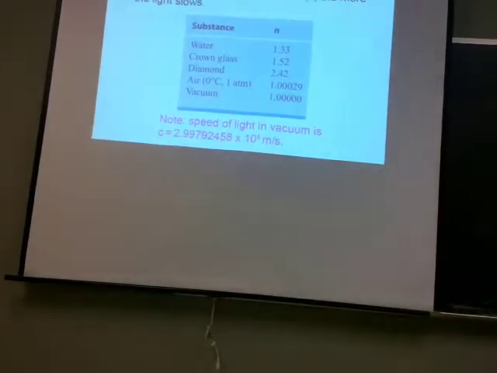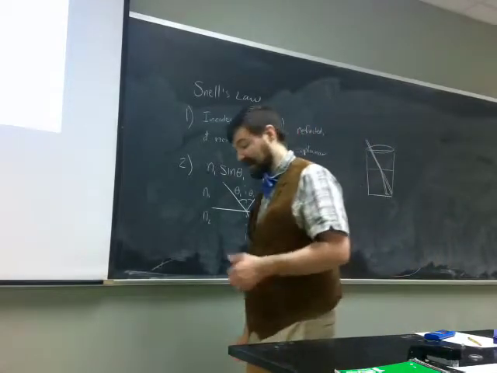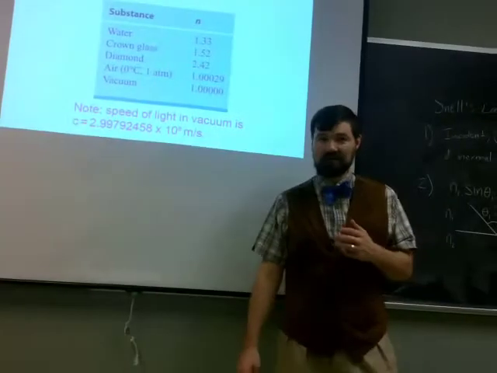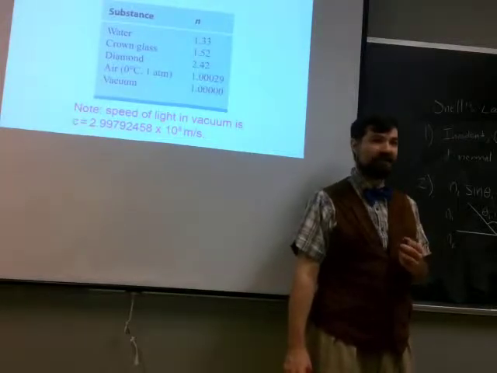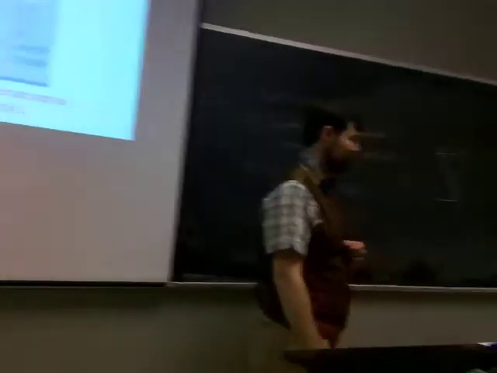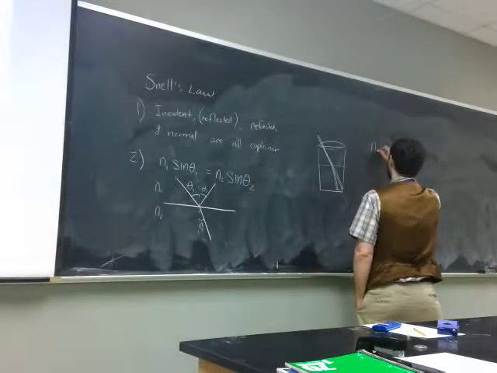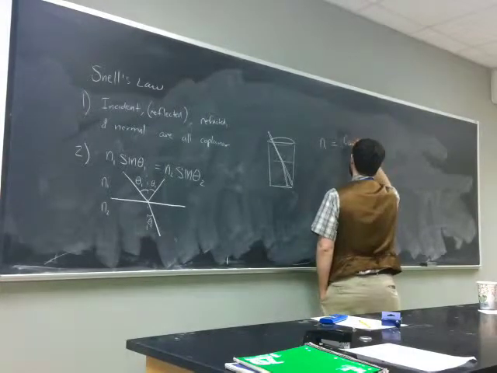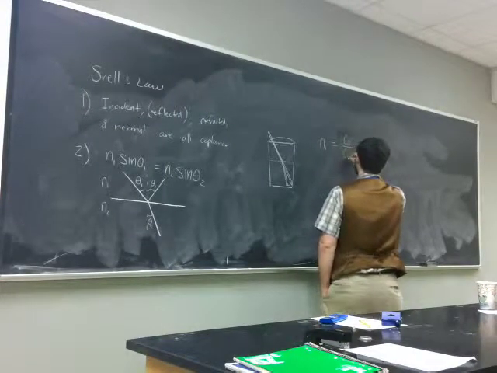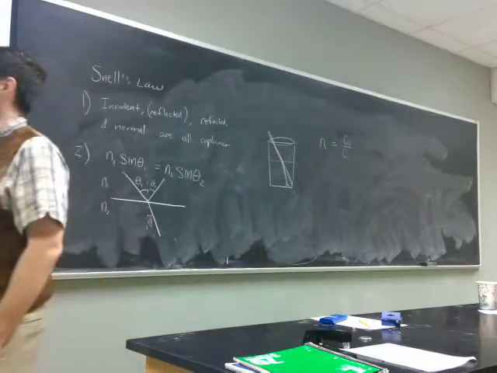So what is it that the refractive index actually measures? It tells you how quickly an electromagnetic wave, which includes light, propagates through the medium. Specifically, your refractive index, for example N1, is defined as the speed of light in vacuum divided by the speed of light in the medium in question.